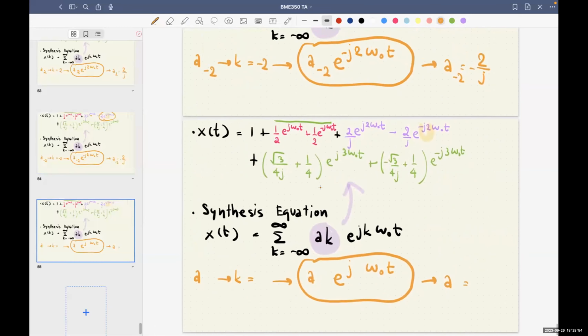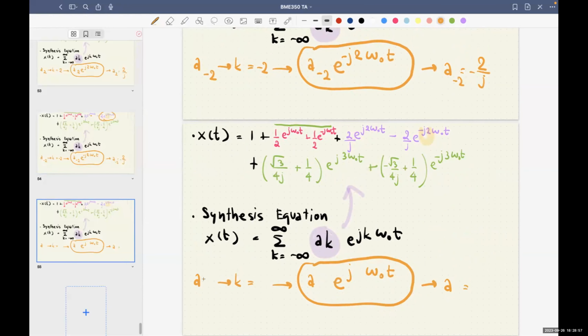Okay, let's move to the next term. I think we kind of catch the concept of how to do it now, so let's just go quick. For A3, that means our K is 3. And so we're going to look at this chunk, right? So A3 is going to be √3 over 4j plus 1 over 4.